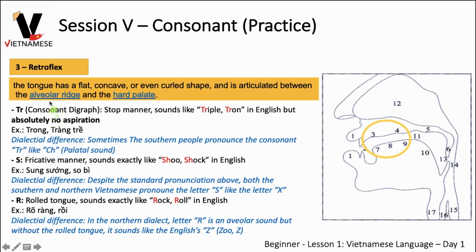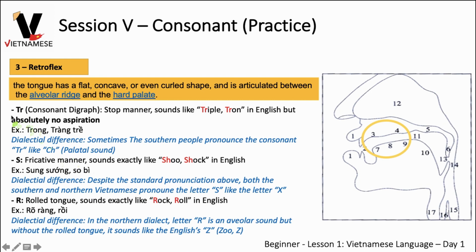Okay, we move to the next part, the retroflex consonants. The retroflex consonants are pronounced when the tongue has a flat, concave, or even curved shape, and it is articulated between the alveolar ridge and the hard palate. So you would use this part in the mouth cavity to pronounce those consonants.